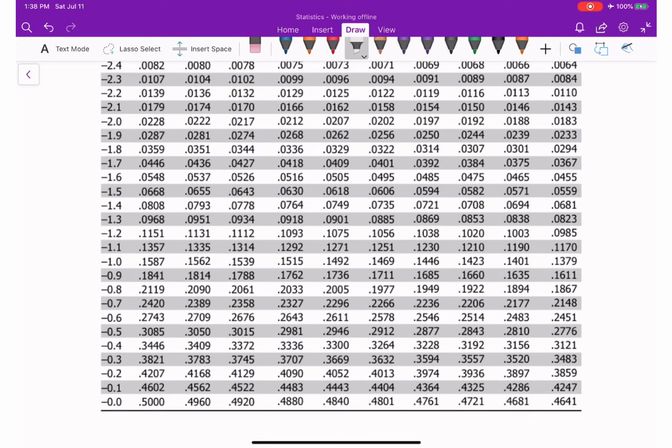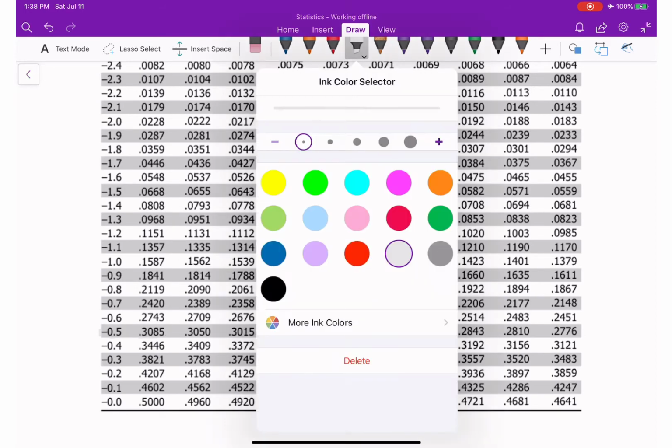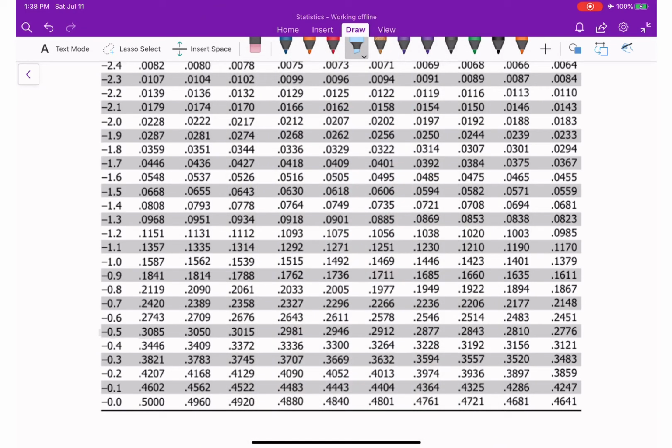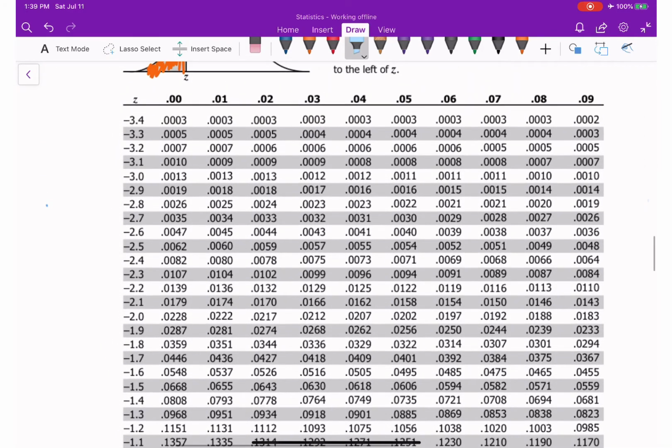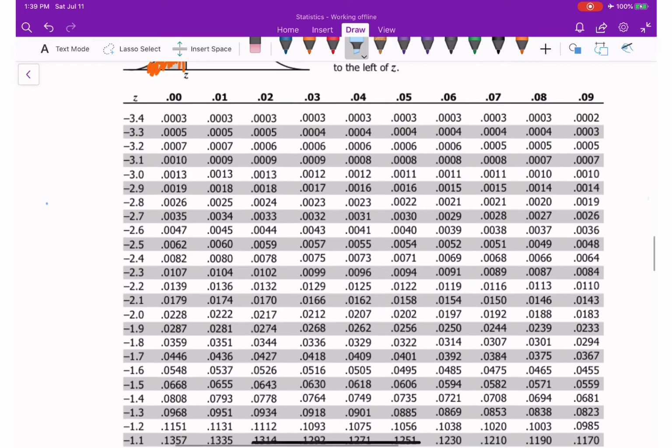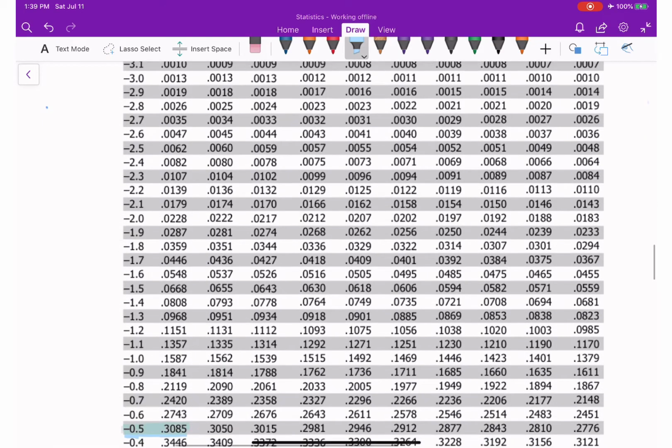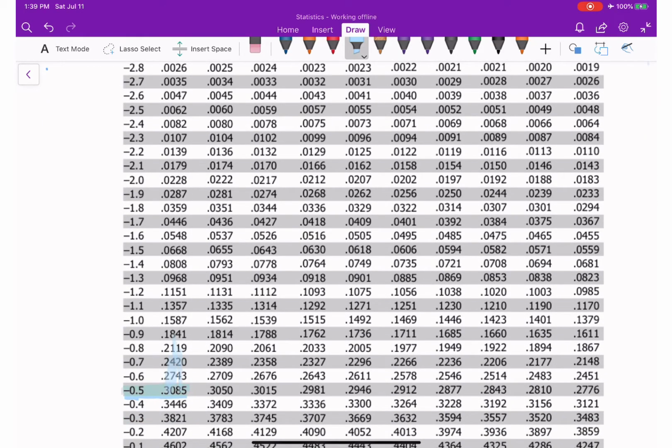Since the second decimal is missing, I'm going to use 0.50. It's the first one practically, coming right here.